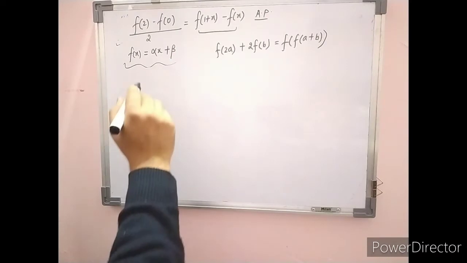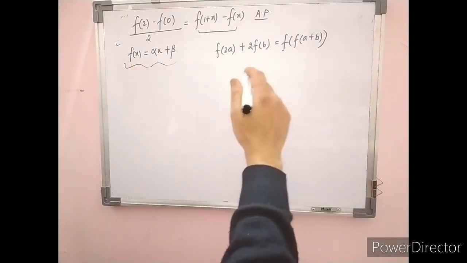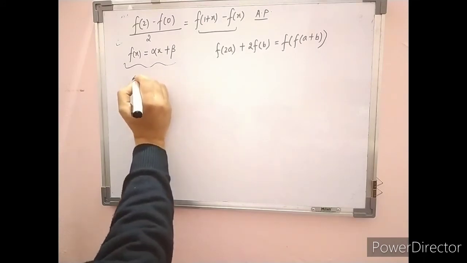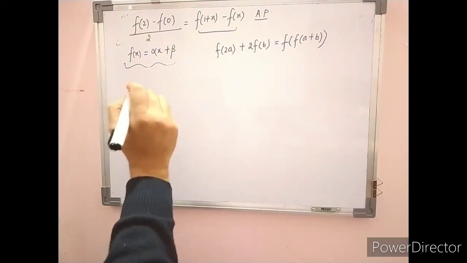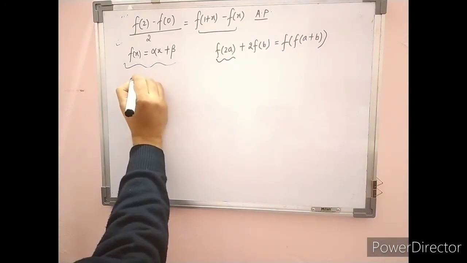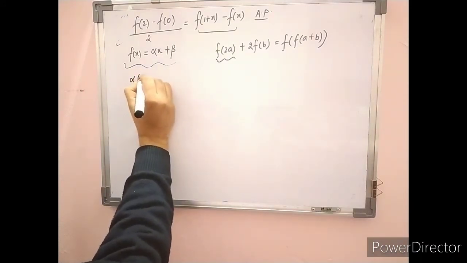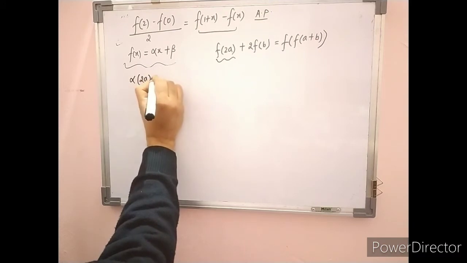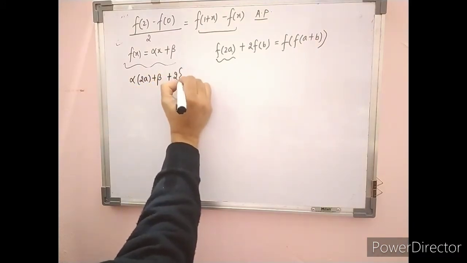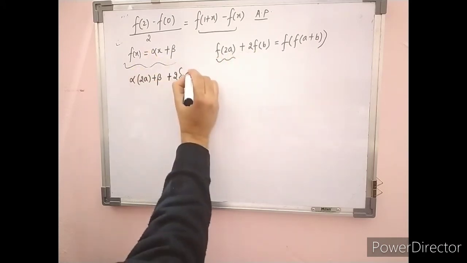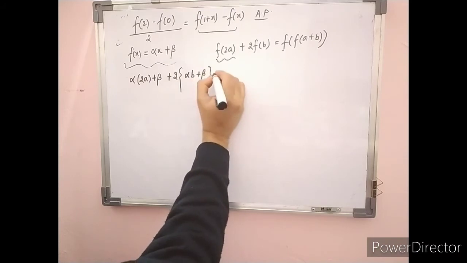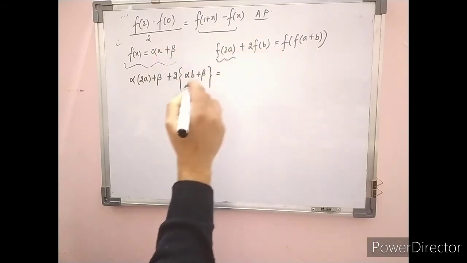What we need to do here is now to find the value of this particular expression, assuming f(x) is equal to alpha x plus beta. So f(2a) will be alpha times 2a plus beta, plus twice of f(b), that means alpha b plus beta, and that is equal to f(a plus b).